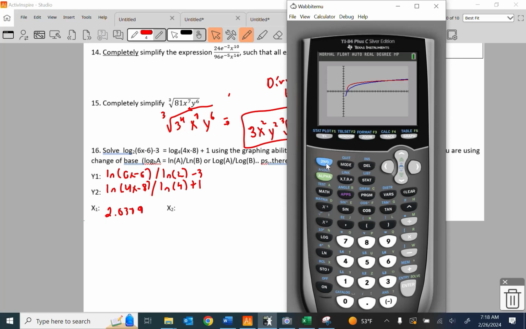There's the other answer. Second trace, 5. I get my cursor close. Enter, enter, enter. There's the other answer, about 28.4066.